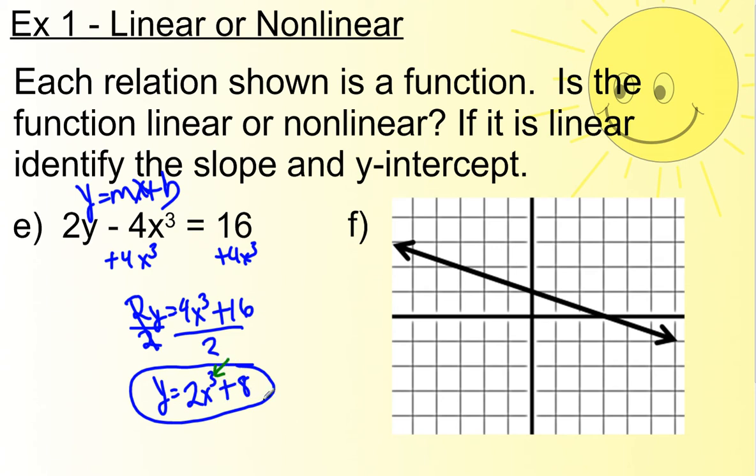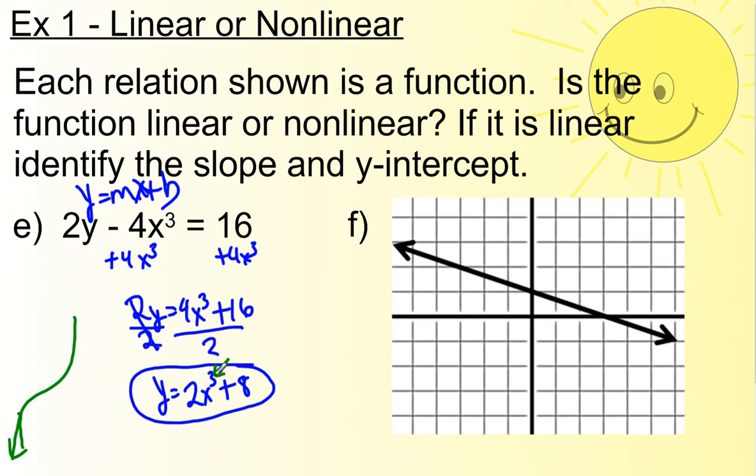It's actually because of that 3, that exponent there, that this is not linear. This would be a function that looks something more like that, roughly. Okay, so this is a cubic, has a third power on the exponent. It is not linear.